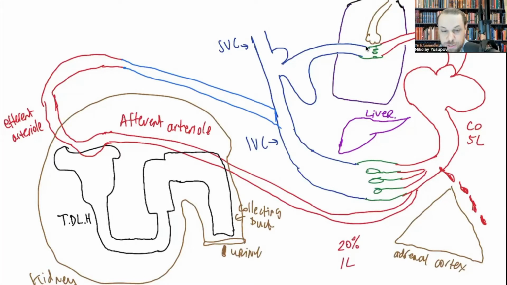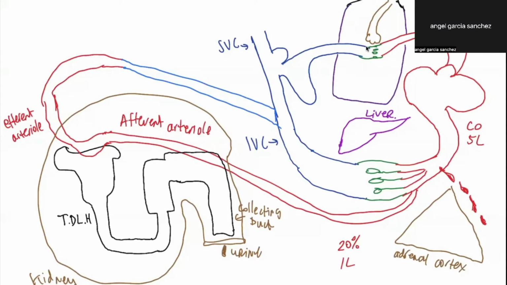Now, if somebody got stabbed and is losing blood, do you think your blood pressure is going to go up or down as time goes by? It's eventually going to drop.